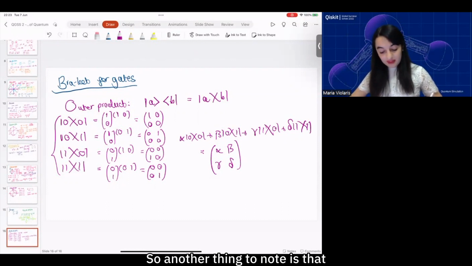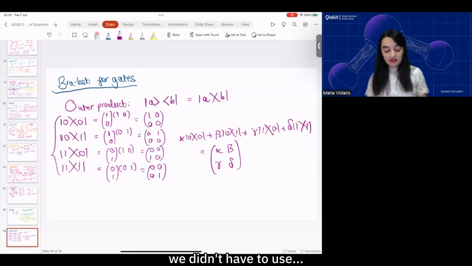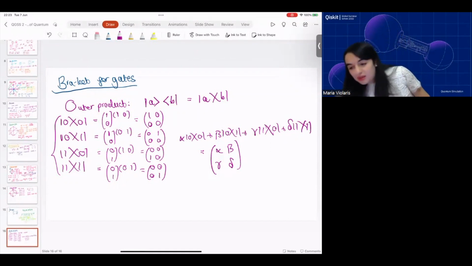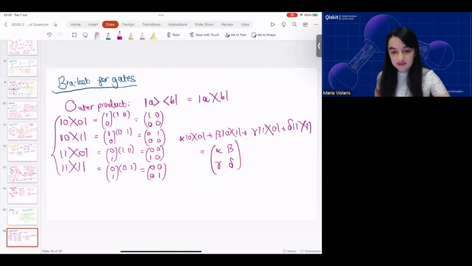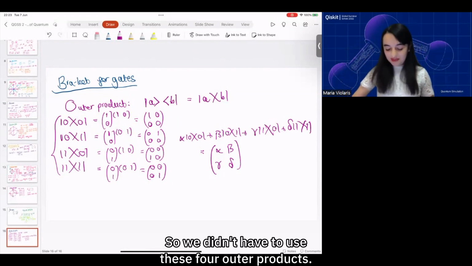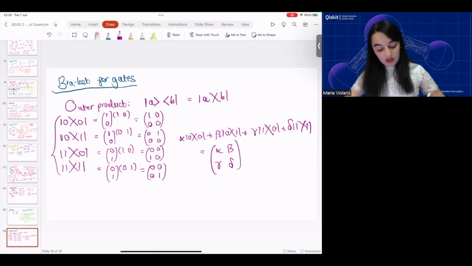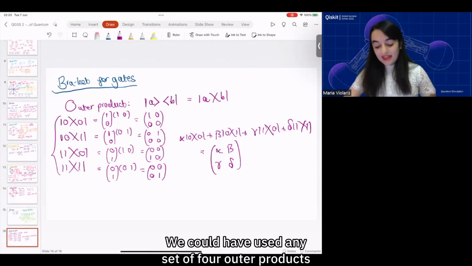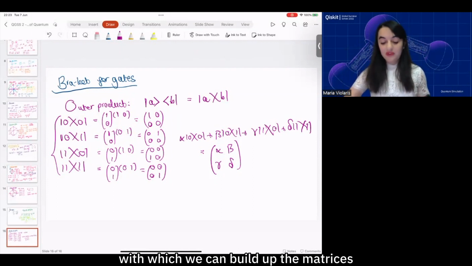Another thing to note is that we didn't have to use these 4 outer products. We could have used any set of 4 outer products with which we can build up the matrices.